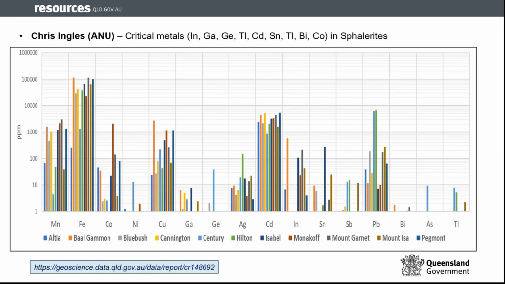Just a few examples: Vlad already mentioned the interesting outcome of Chris Ignis' work on sphalerite, and this very busy slide shows the range of elements he explored in sphalerite and also the range of the deposits in northeast and northwest Queensland.